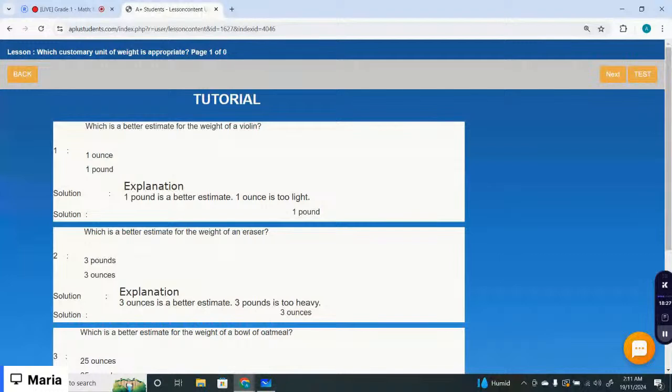Which is a better estimate for the weight of a violin? That is 1 ounce and 1 pound. So now we are going to see which is the unit to measure the things that are heavy, right?